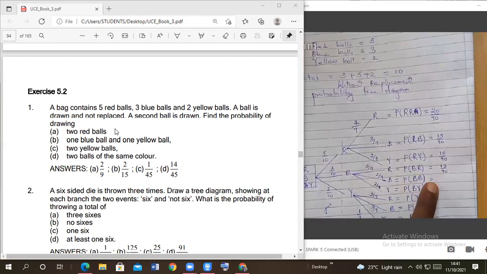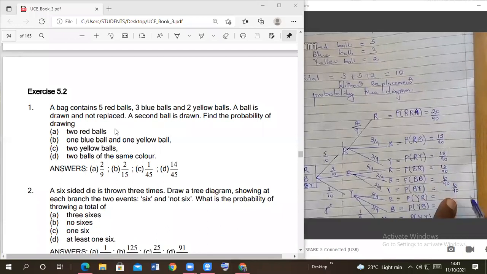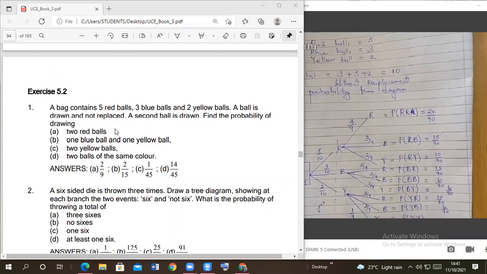Then this one will give us 6 out of 90. That will also give us 6 out of 90. That one will be 10 out of 90. Here will be 6 out of 90. This one will be 2 out of 90.